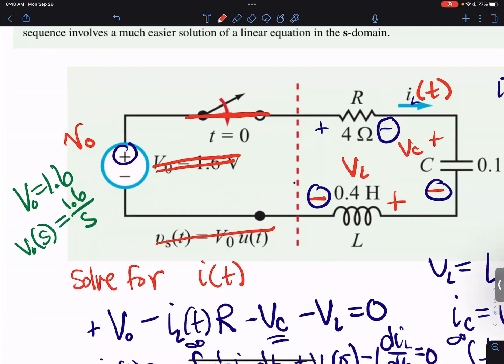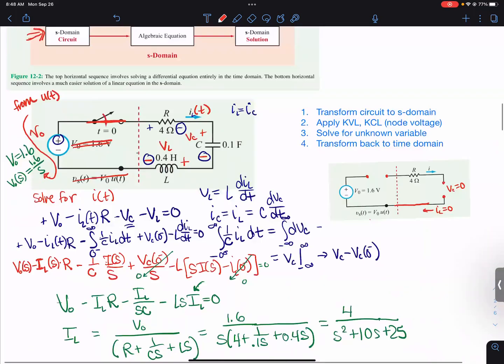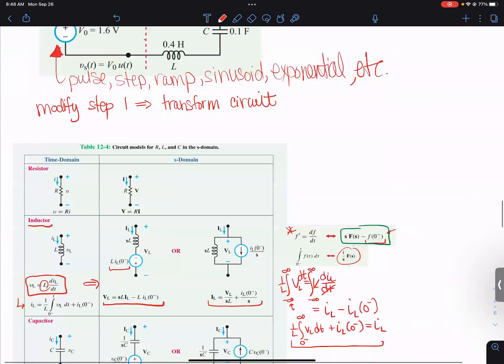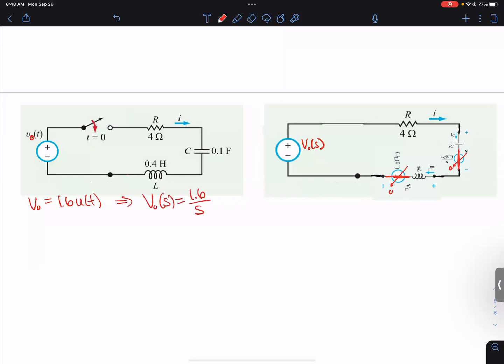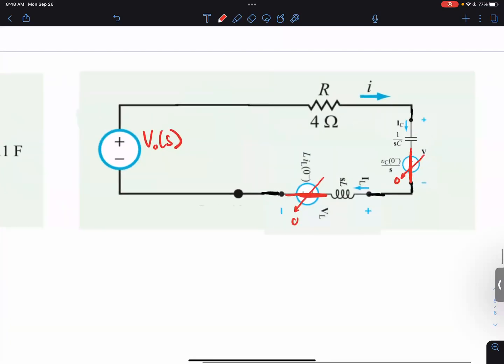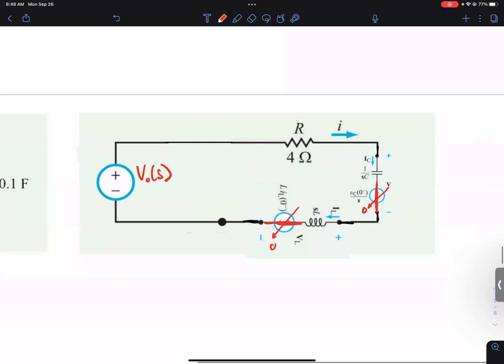So the 1 over S is from that U of T. I forgot to mention that. So if we have V naught is 1.6 U of T, then that translates over to V of S as 1.6 over S. And the values of this becomes 1 over 0.1 S, and this is 0.4 S.